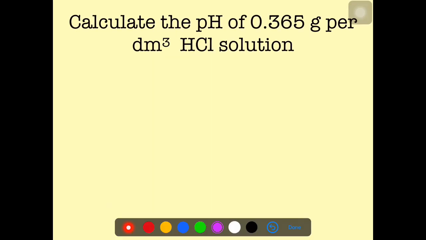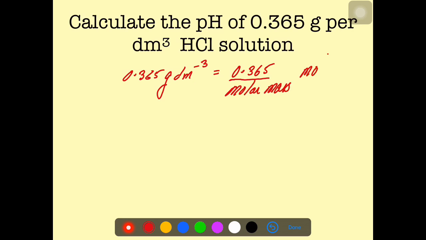So, a very simple numerical in front of us. Calculate the pH of 0.365 gram per decimeter cube HCl solution. Now, as I said earlier, the concentration of H plus has to be represented in moles per decimeter cube. So let's convert grams per decimeter cube to moles per decimeter cube. So 0.365 gram per decimeter cube can also be written as 0.365 upon the molar mass of HCl to represent it in moles per decimeter cube.